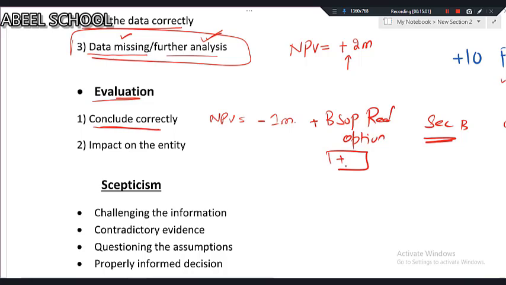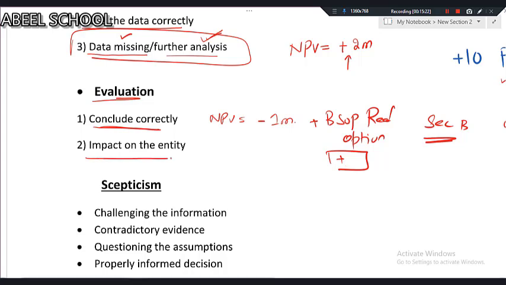Then you're going to change, and then you will be saying that even though the traditional NPV of this project is negative, after incorporating the real option, the strategic NPV, the overall NPV is positive. That is why, on the basis of strategic NPV, this project should be opted. This is the example of concluding correctly.